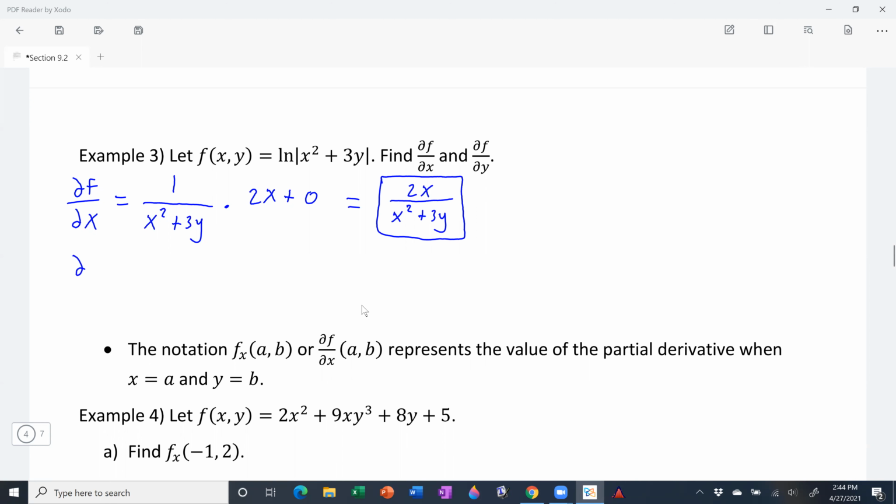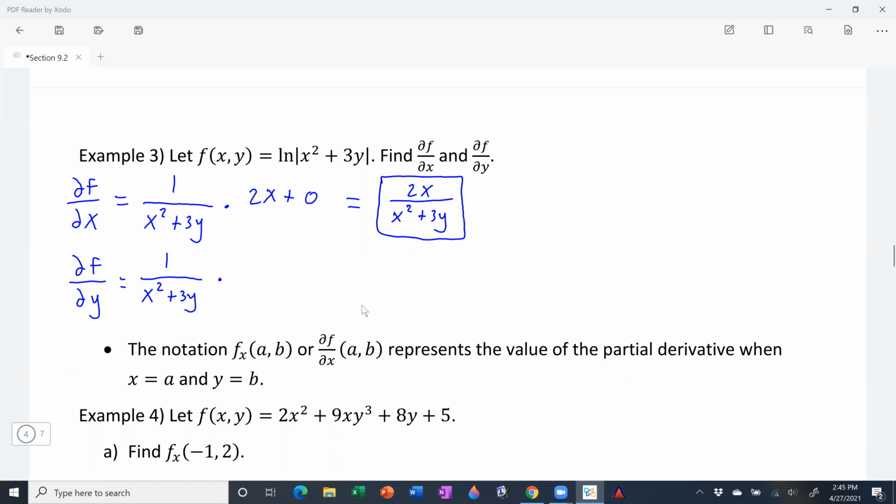Now if we start over, the partial with respect to y. Same thing, the derivative of natural log of stuff is 1 over the stuff, and then times the derivative of the stuff. This time, we're letting x be a constant, so don't do the power rule on it.